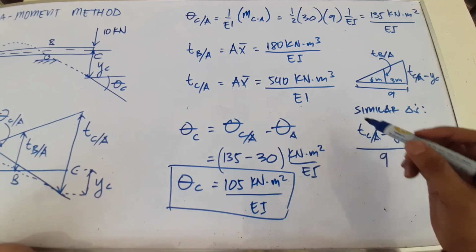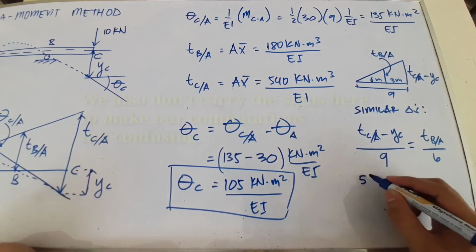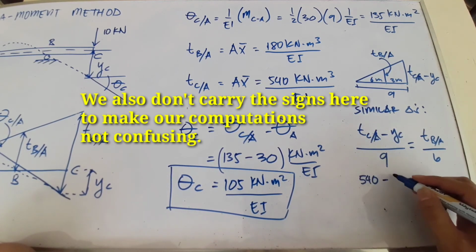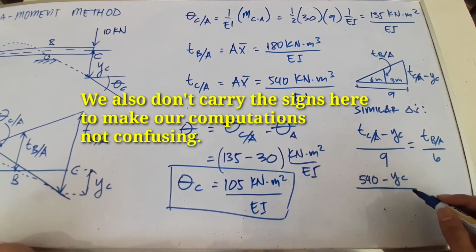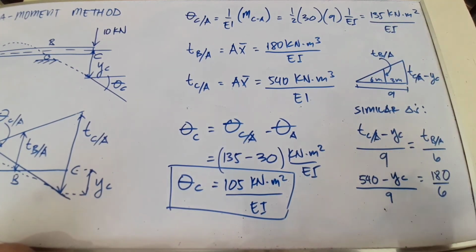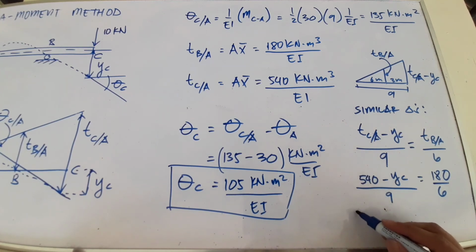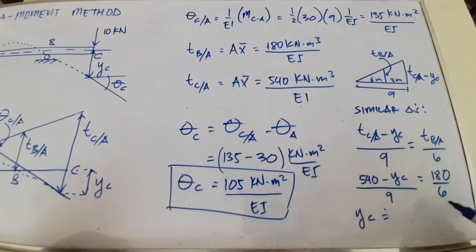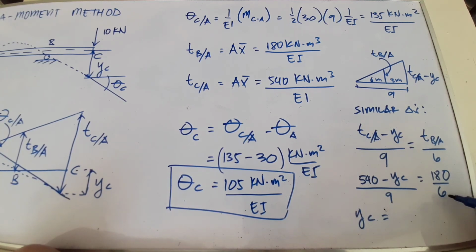So, evaluate lang natin to. Given naman yung TC over A natin, which is 540. So, we have 540 minus YC over 9 equals TB over A, which is 180 over 6. So, YC equals, times 9, 180 divided by 6, that's 30. Times 9, that's 270. So, 540 minus 270, that's 270 din, no?